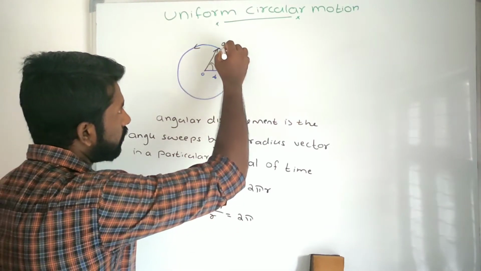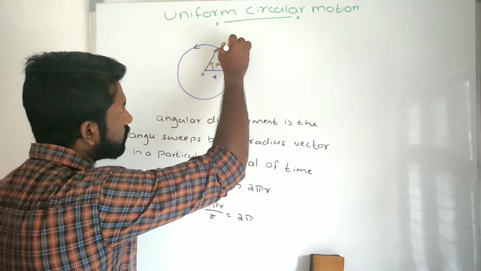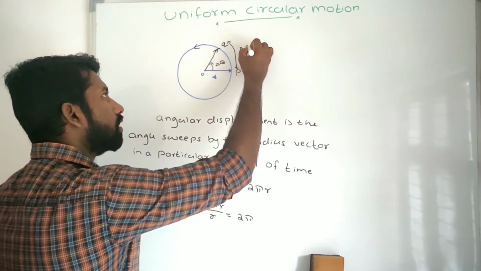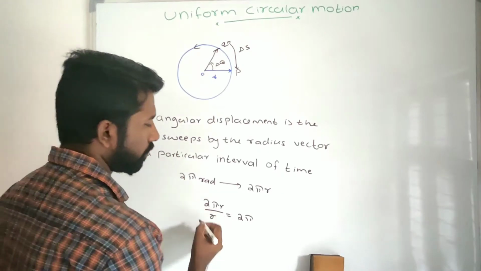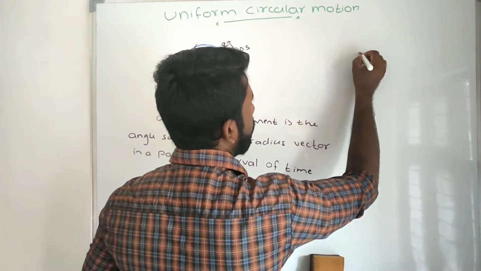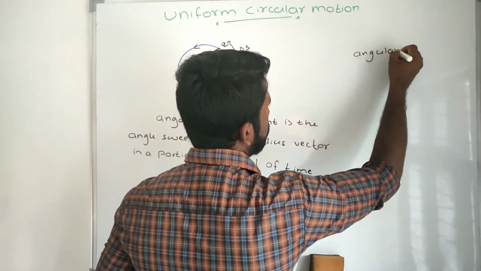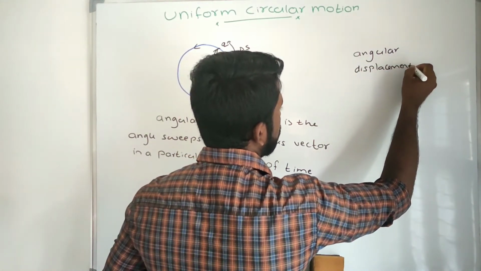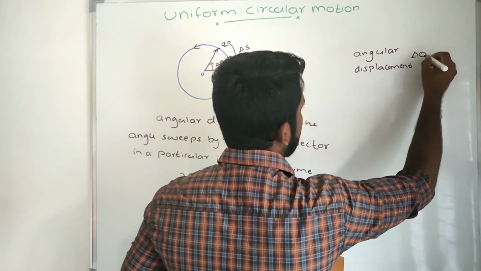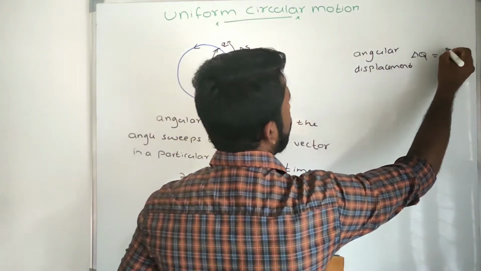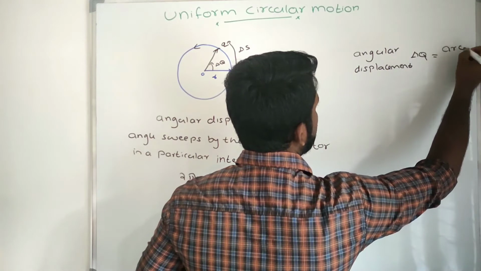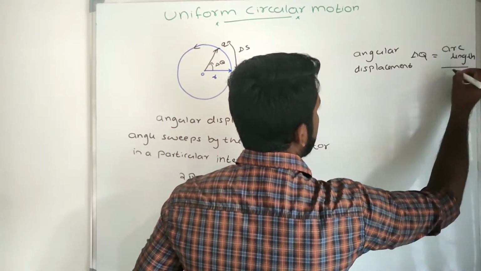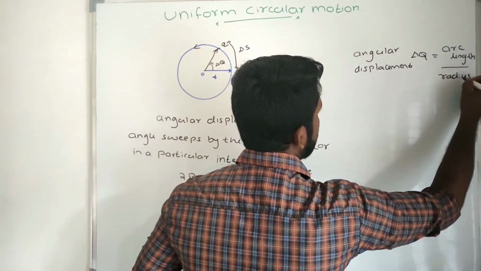So here this distance is delta s, like that angle. From this we can say that angular displacement delta theta is equal to arc length divided by the radius.